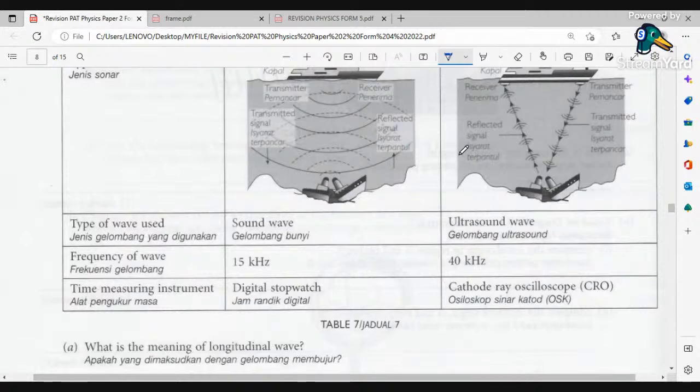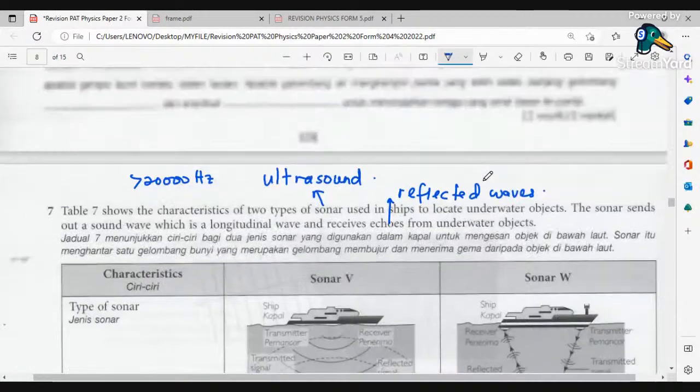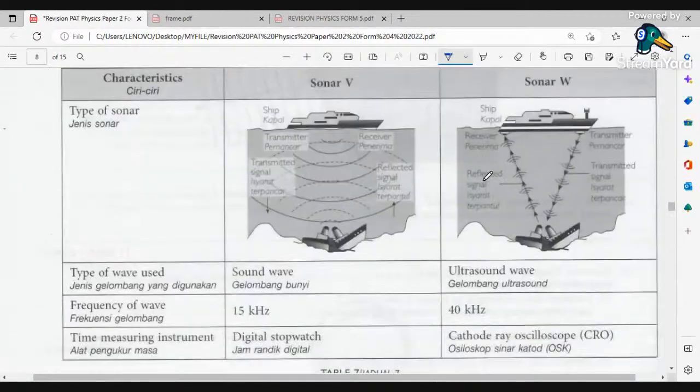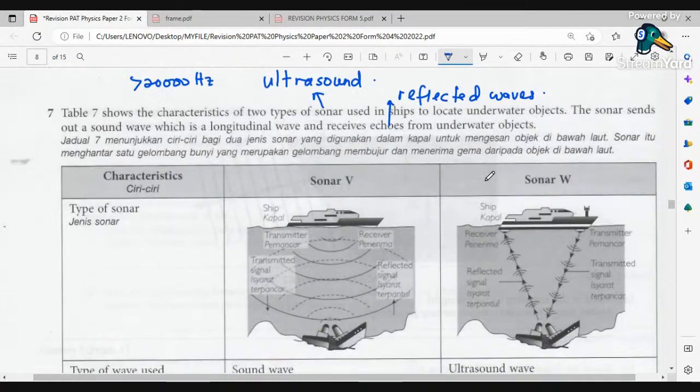So between these two, if you have knowledge about sonar, sonar always use ultrasound. It cannot use a sound wave. So automatically, I think you know which one you will choose. Of course, sonar W, correct or not?